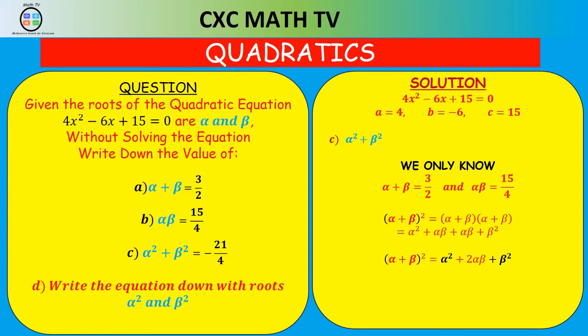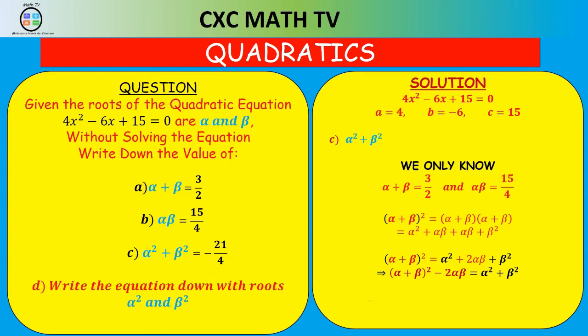Notice we put alpha squared plus beta squared in black, because if we can make alpha squared plus beta squared the subject, then we see that alpha plus beta all squared minus 2 alpha beta is equal to alpha squared plus beta squared by transposing. And so we know what alpha plus beta is. That is 3 over 2.